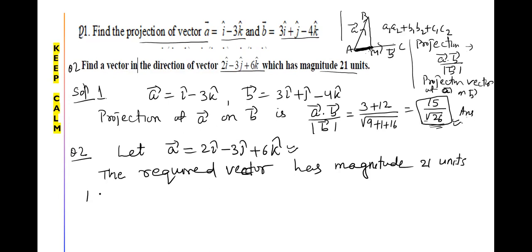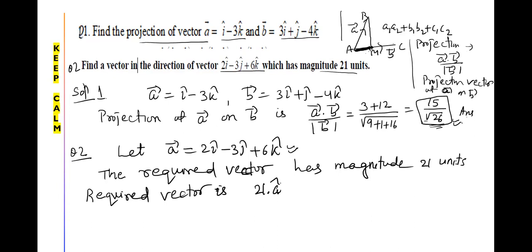So in this case, the required vector would be 21 into A cap.